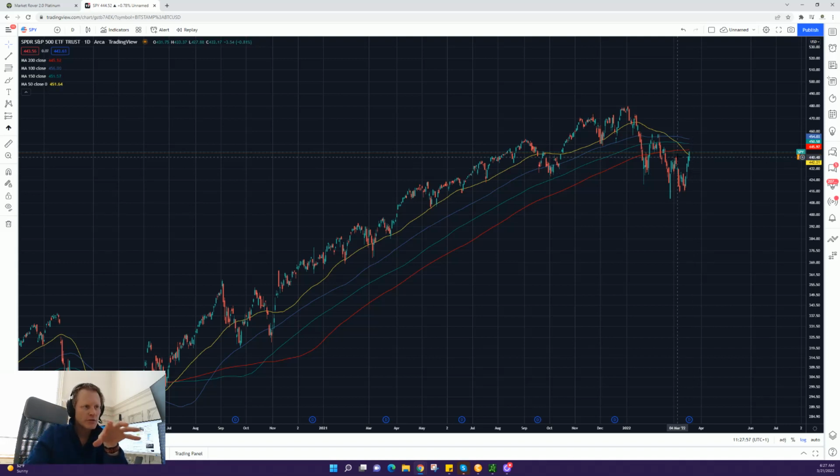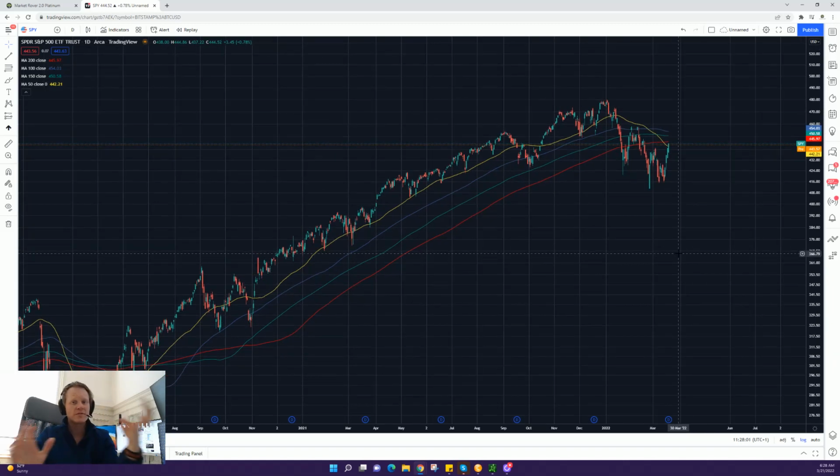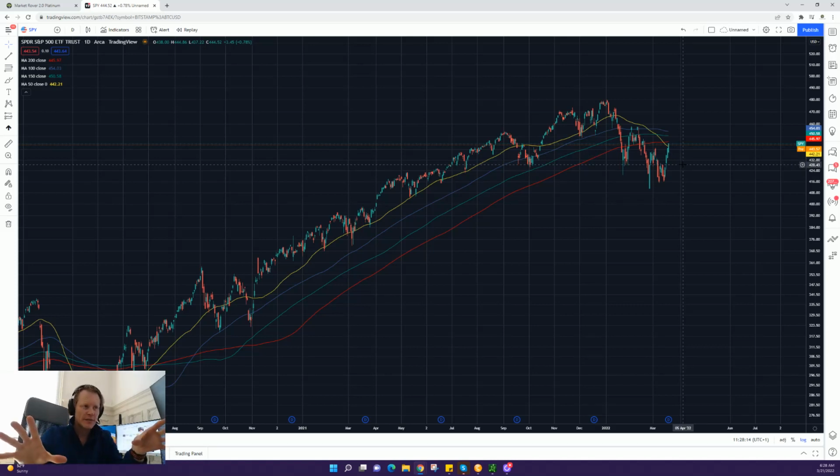Basically, we're facing an index that, all else being equal, has a lot of overhead resistance from a simple moving average perspective. And we actually think there may be a little bit more downside here before maybe we have a better rally attempt.